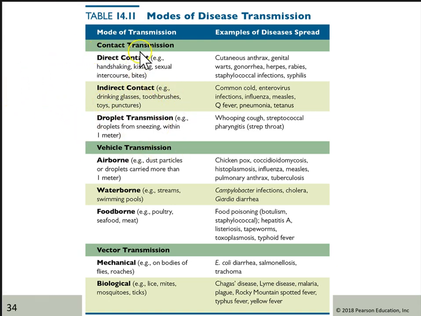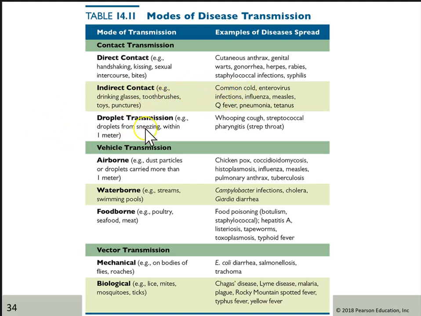So under contact transmission, this is really direct contact, like handshaking, kissing, etc., or indirect contact, like sharing a drinking glass. One person may use a drinking glass, microbes can get transferred to that glass, and then if somebody else takes a drink from that glass, the microbes can get passed into the new host. A great example of indirect contact that can spread disease is the common cold.